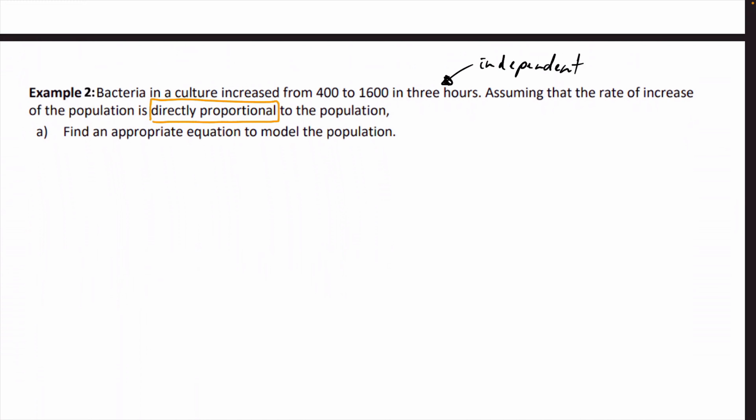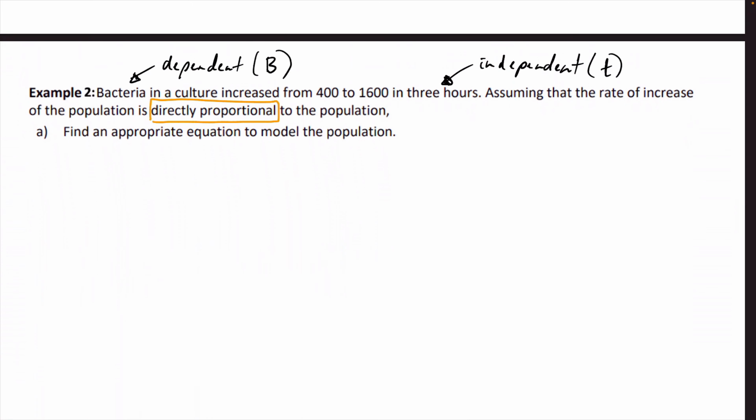So we'll call that T for time. That means the number of bacteria is going to be the dependent. We'll call that capital B for bacteria.